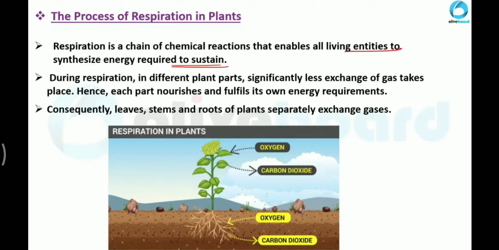Photosynthesis occurs in daylight only, and with that process plants prepare their food. Respiration is very different from photosynthesis, and it is as important for plants as it is for us to survive.